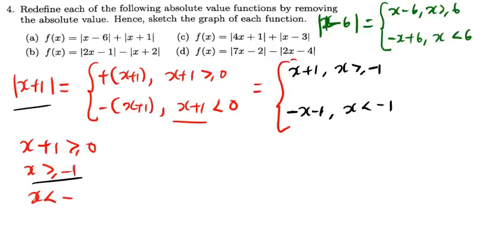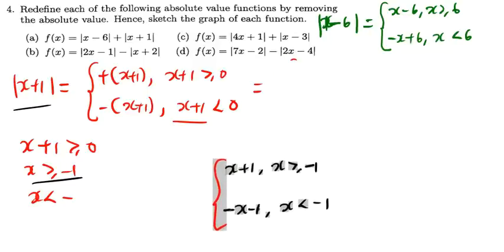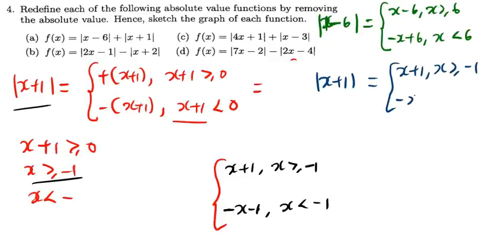So now, allow me to put this one just here. Okay, I will just put it here to make things simple. So I've redefined x plus 1 to be equal to x plus 1, the condition that x is greater than or equal to neg 1, neg x minus 1, the condition that x is less than neg 1.